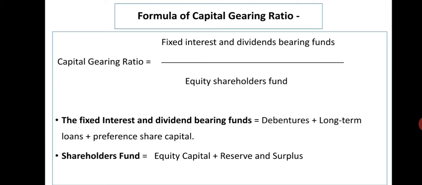For preference share capital, payment of dividend is not compulsory, but if it is paid, the percentage is fixed. So that is why debentures, long-term loans and preference share capital are considered over here. And shareholders fund, so equity capital plus reserves and surplus. Okay. So here it is equity shareholders fund, and equity shareholders fund means equity capital plus reserves and surplus.